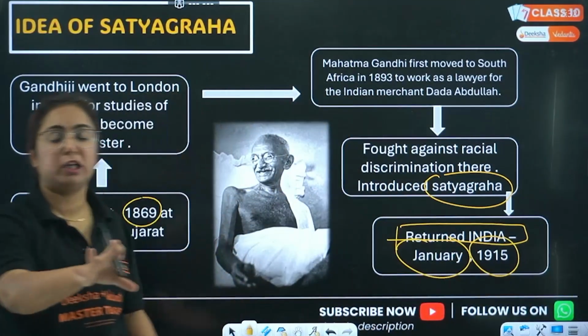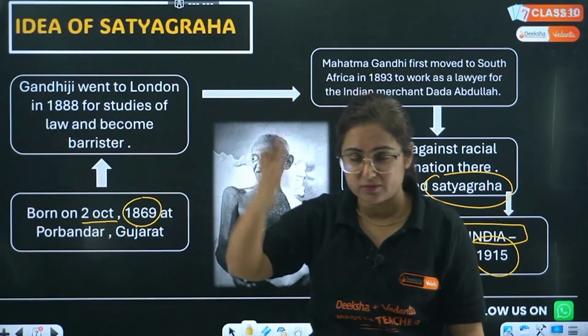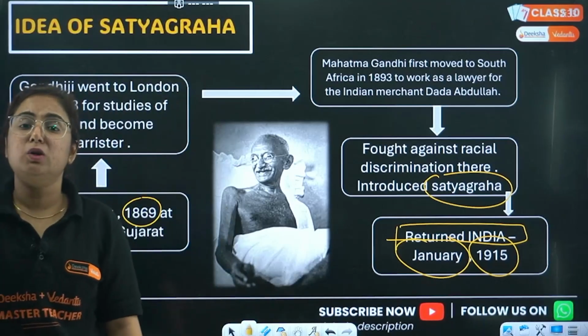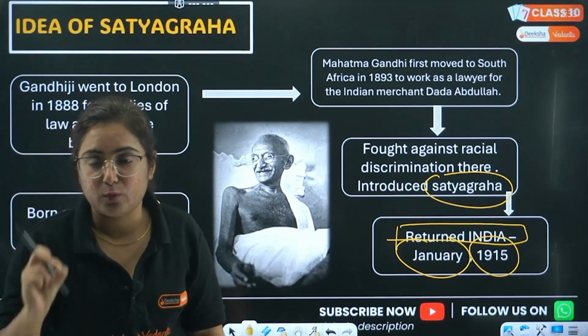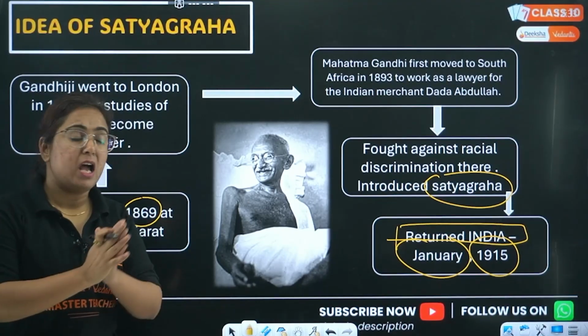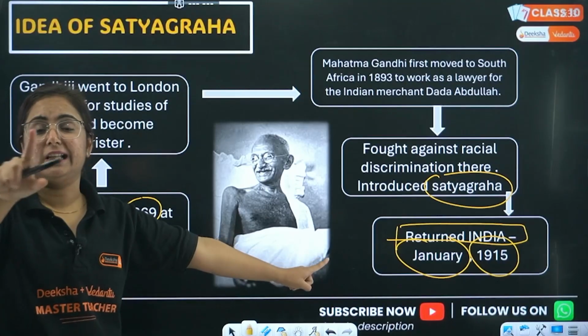Why are we talking about him? Because the next chapter of the national freedom struggle is altogether connected to Mahatma Gandhi, and we call it the Gandhian era. What do we call it, beta? The Gandhian era.